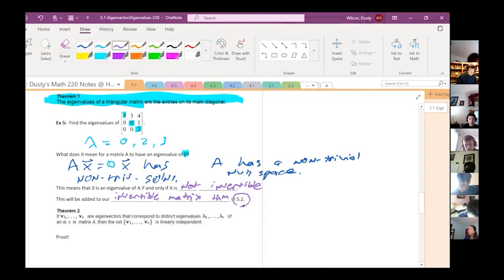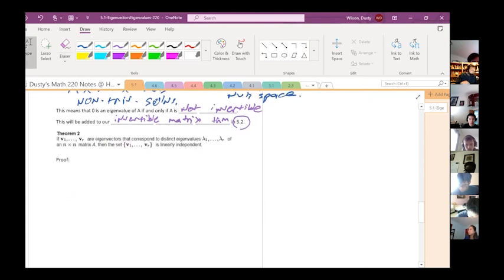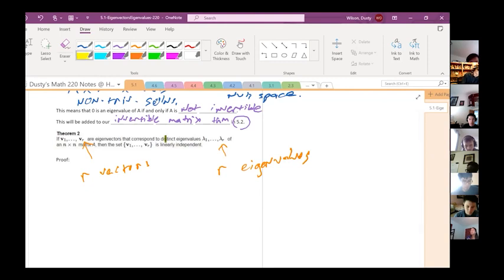So when we pick this up again, we'll work through this one proof, but I just want to highlight something in the proof. It basically says that if you have r vectors and you have r eigenvalues, and they're distinct, as in the eigenvalues aren't the same, then the set of eigenvectors is going to be linearly independent.